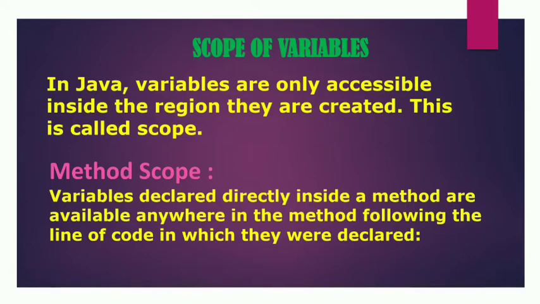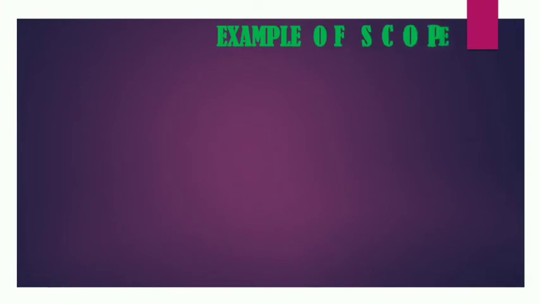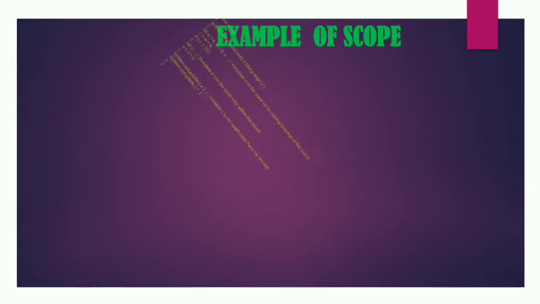It cannot be used outside that opening or closing brace or block of that particular function or method. Let's try to understand with an example how scope is used in a program.